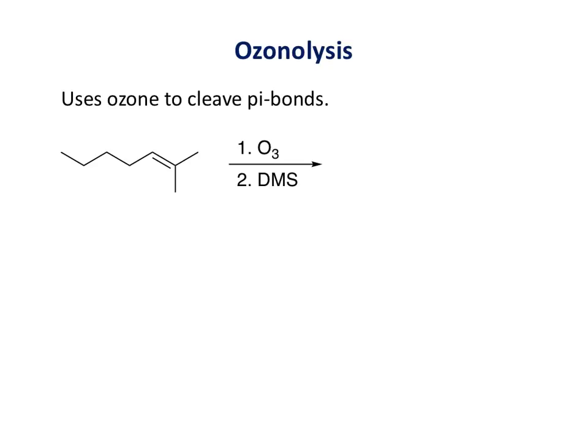Predicting the products is super easy. It'll cleave all the double bonds in the molecule. This one only has one, and I'll go ahead and draw in this hydrogen just so we can keep track of everything. Just split the double bond down the middle.